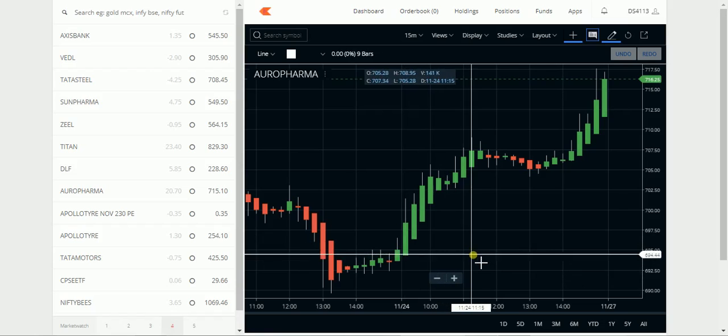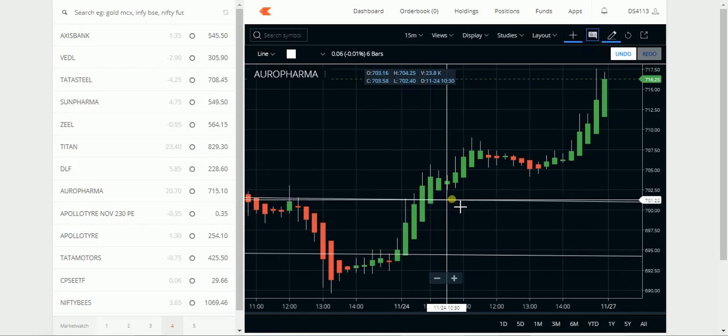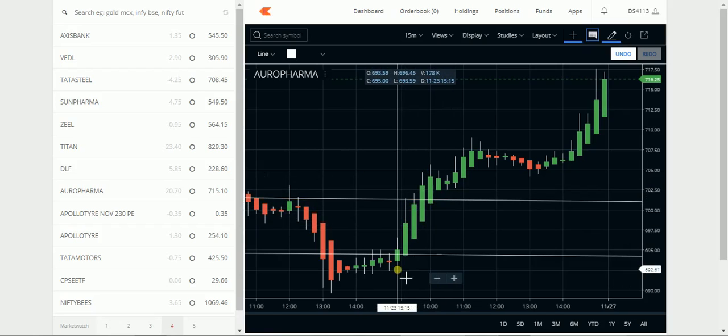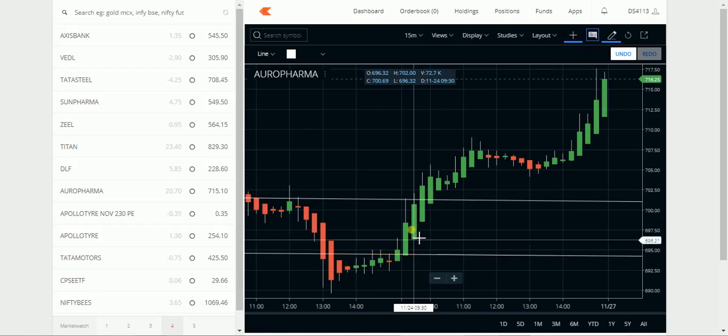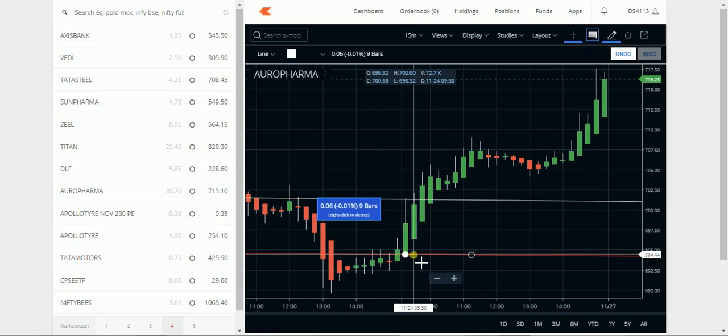Then I'm going to mark this particular wick, that is the highest this candle has reached. So let me mark that. These are my levels. This one is my buy level, and this one is my sell level.